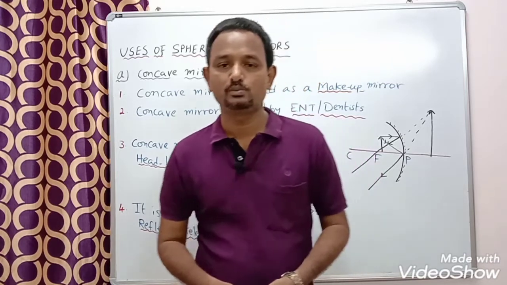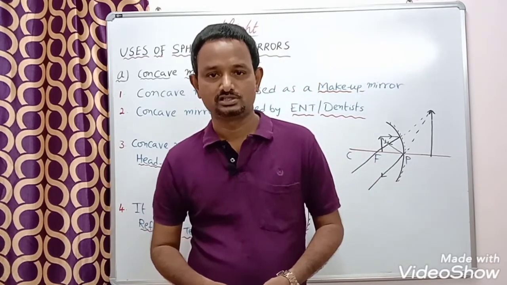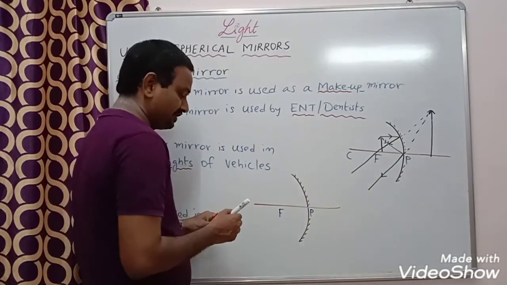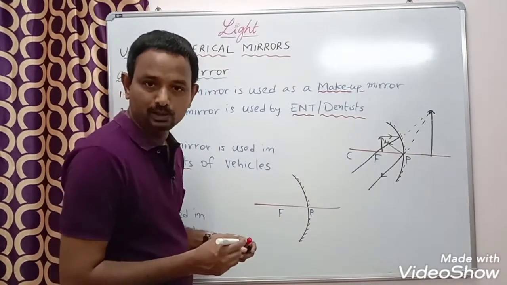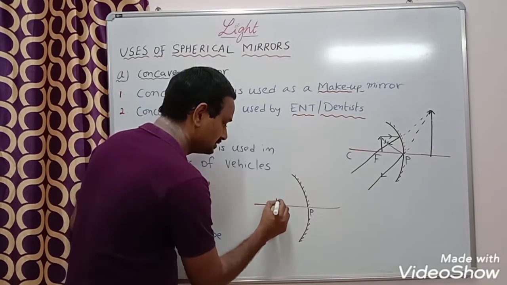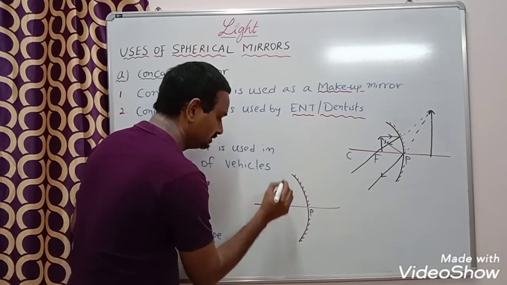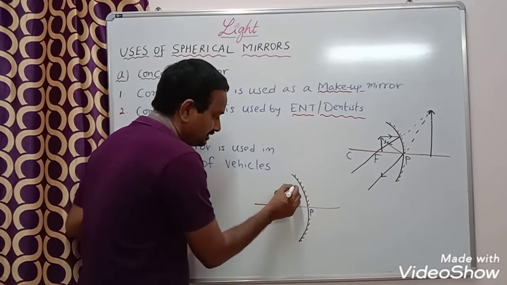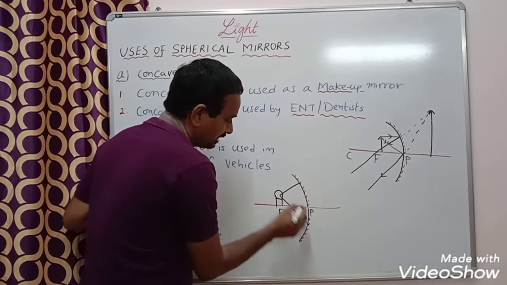Why do we use concave mirror in headlights of vehicles? Look at here. See, when bulb is placed at focus, light rays come from bulb, incident on concave mirror.